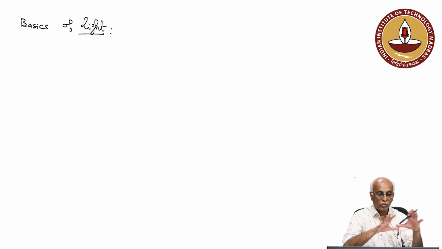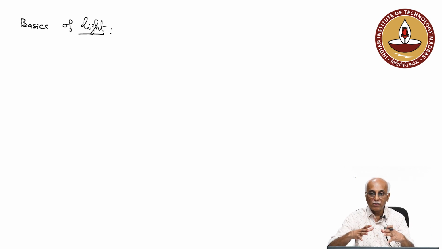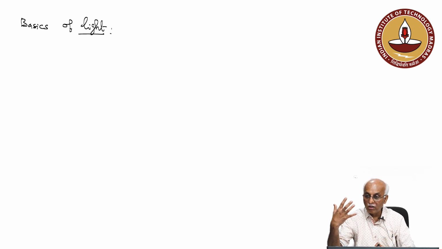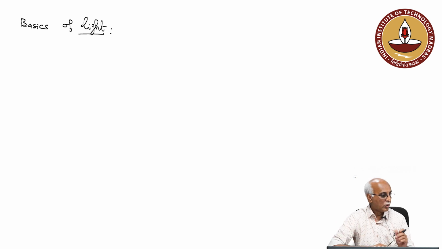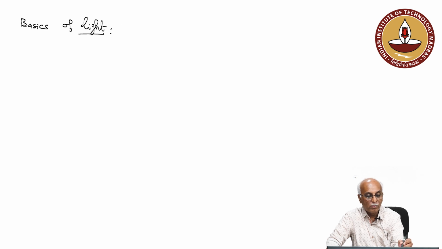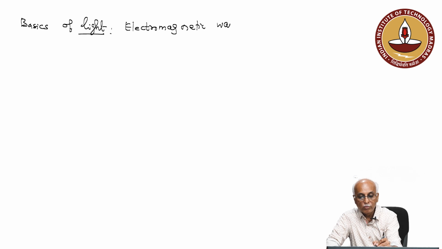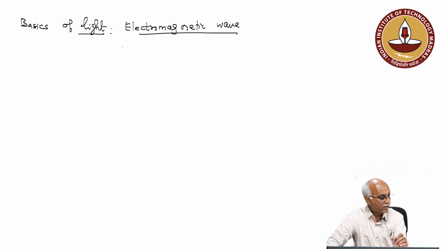So once we know those aspects, when we are building any biophotonics device, it will be very useful for us to select or decide about the appropriate type of light source for certain applications. So now this light can basically be described with an electromagnetic wave. Now what is an electromagnetic wave?